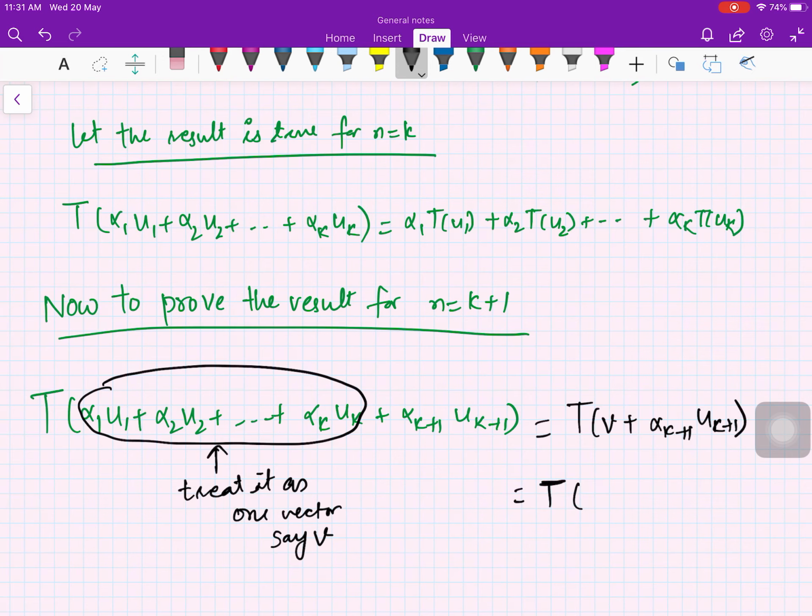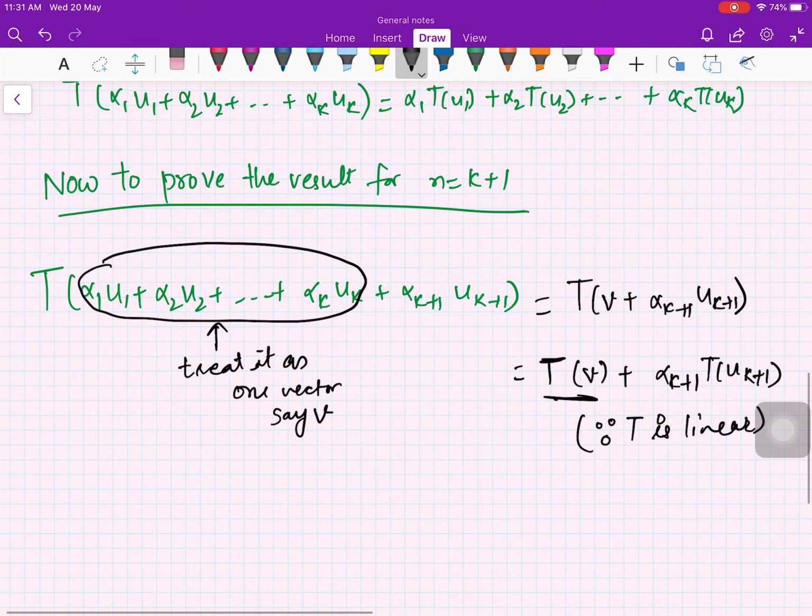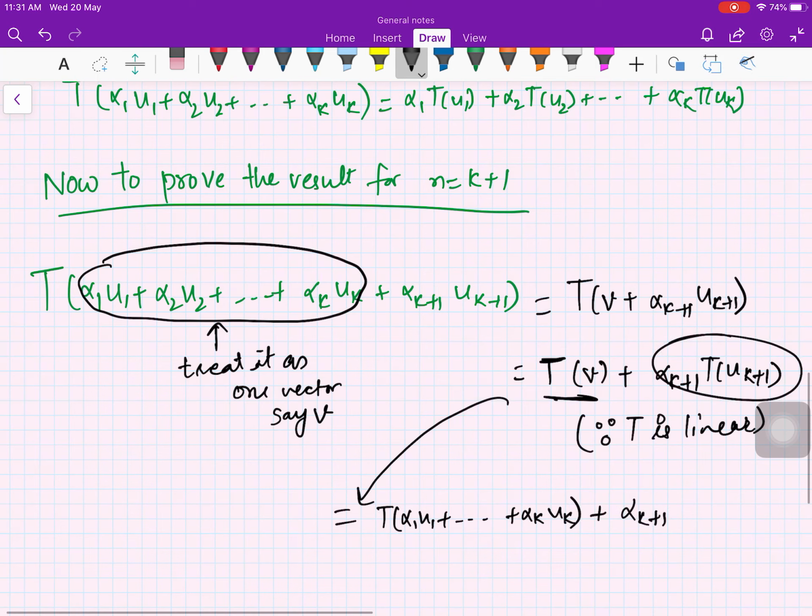By definition of linear transformation this is T of V plus alpha k plus 1 T of UK plus 1. This happens because T is linear. Now you see what T of V is. You put the value of V here, so you'll get T of alpha 1 U1 plus so on alpha k UK plus this term as such.